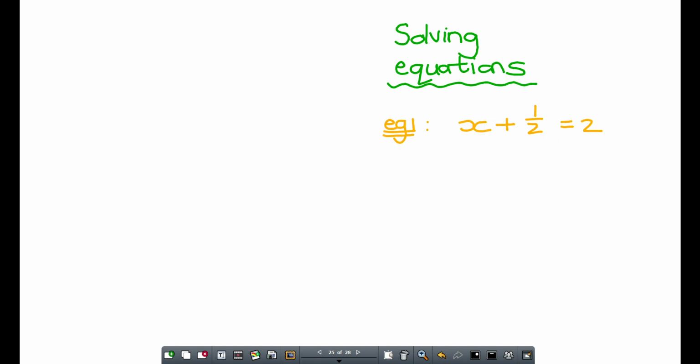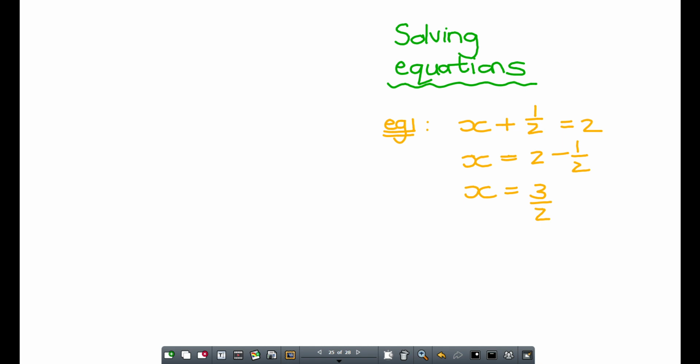Which means I'm going to have x is equal to 2 minus a half, meaning x will be 1.5, or you can say 3 over 2. Same thing, right? Any questions there?